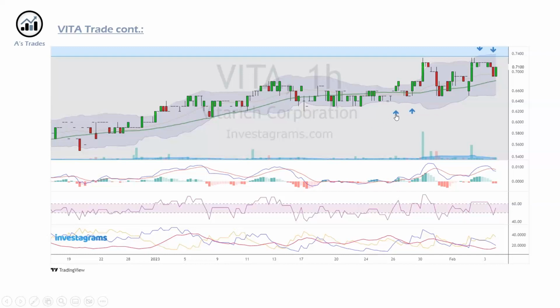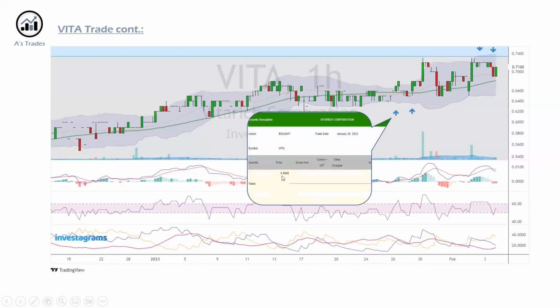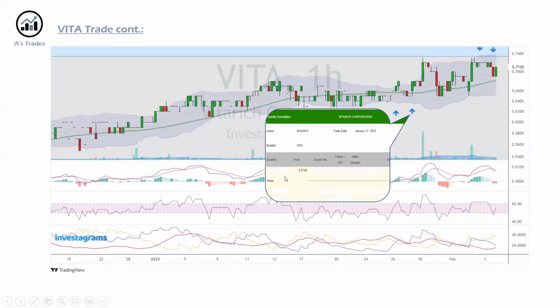So here's the trade confirmation of my entry. First tranche, I bought at the price of 0.66. Then the second tranche the next day, I bought at 0.67.